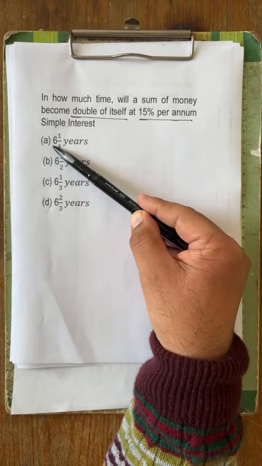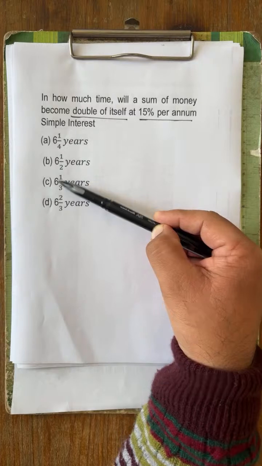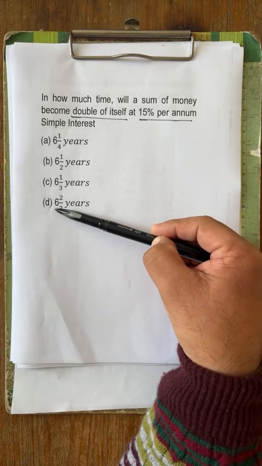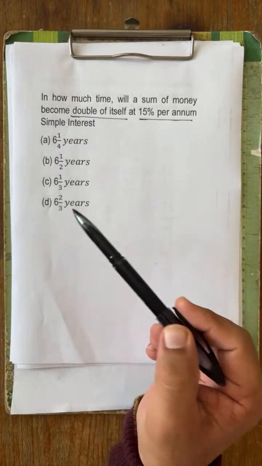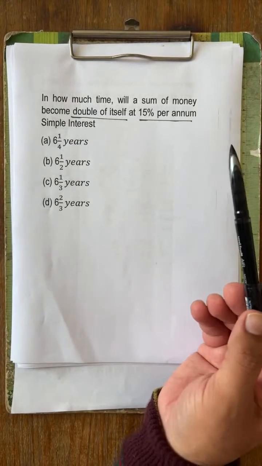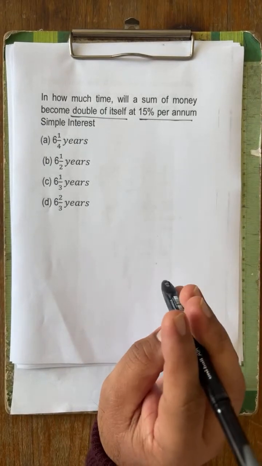Option A, 6 1 by 4 years, 6 1 by 2 years, 6 1 by 3 years, or 6 2 by 3 years. Kindly try to solve this question and write your answer in the comment section. Here we will be applying the formula of simple interest.